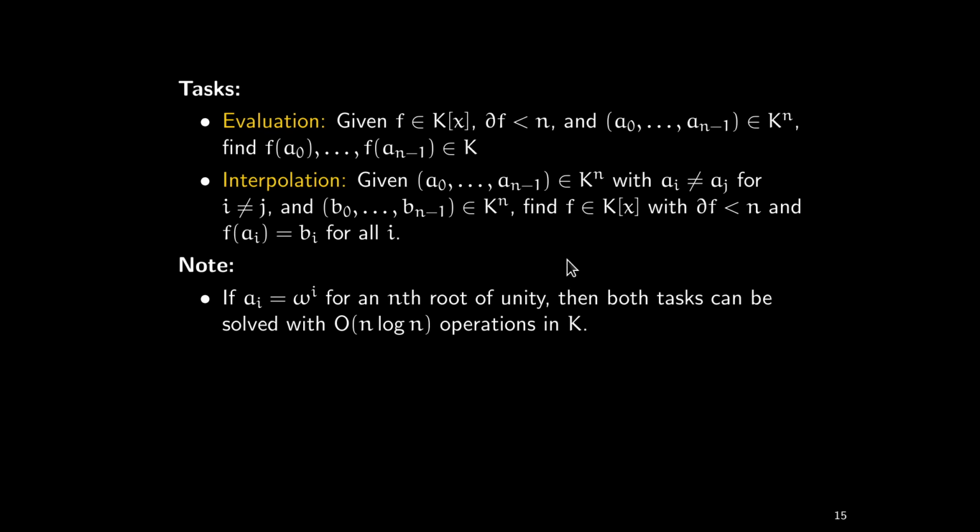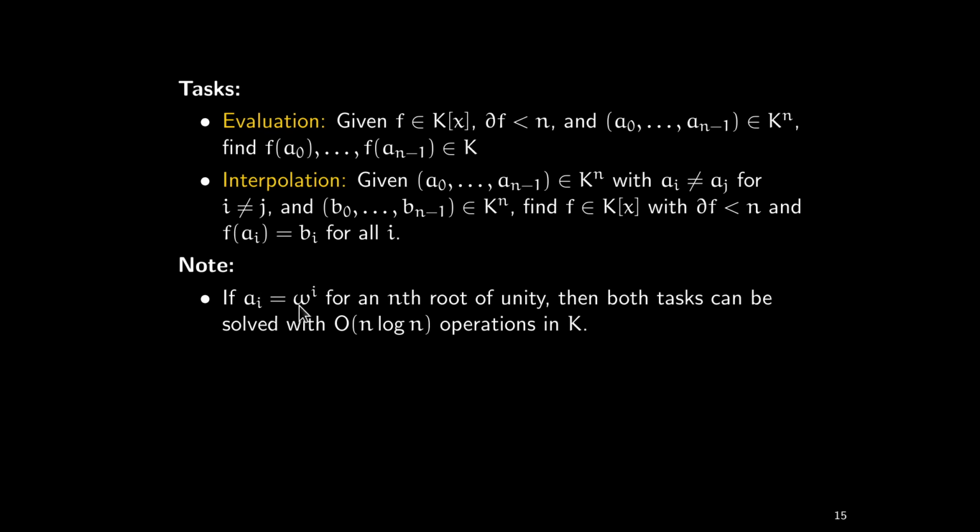And we already have an evaluation and interpolation algorithm that is very fast, and that's the FFT algorithm that we discussed in the context of polynomial multiplication. But for the FFT algorithm, we got this speed by assuming a specific choice of evaluation points.